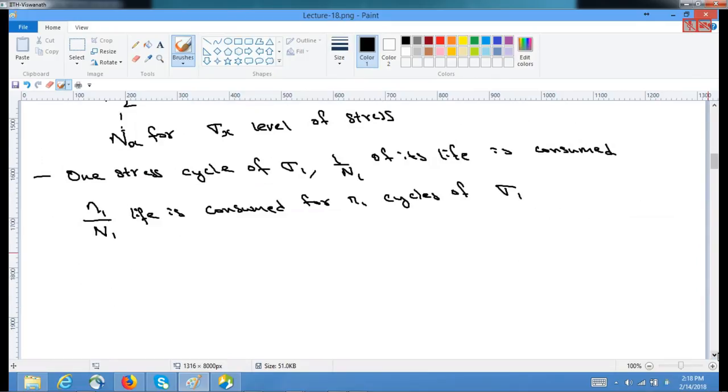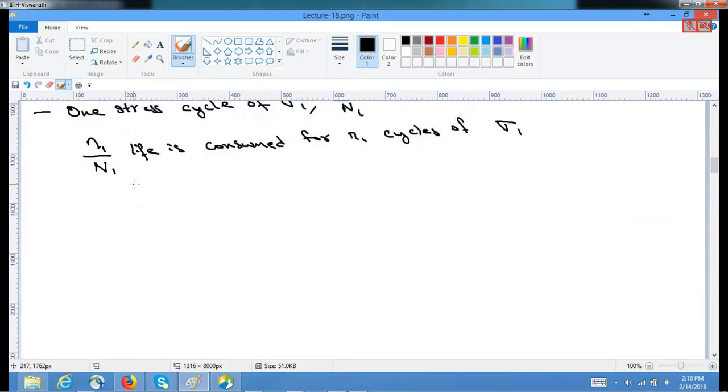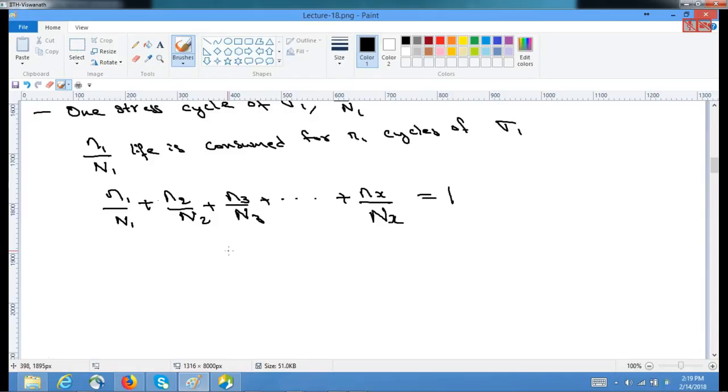So by the induction principle, we can say that the total life can be given by n1 by N1, the fraction of life consumed, and n2 by N2 coming from the second level, n3 by N3 for the third, and so on, up to nx by capital Nx. Since these are fractions, the sum of all the fractions has to be equal to 1.